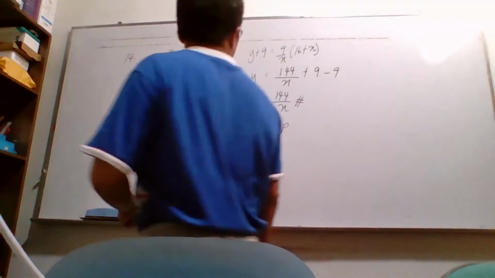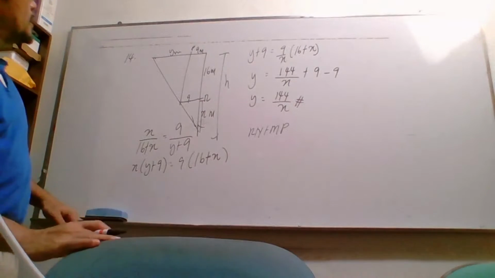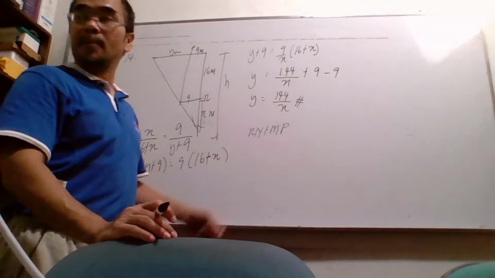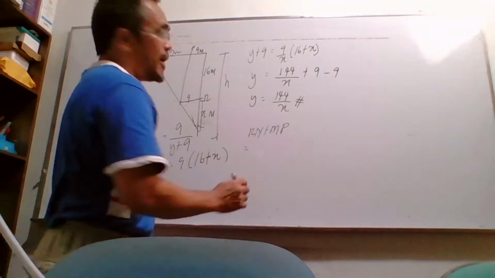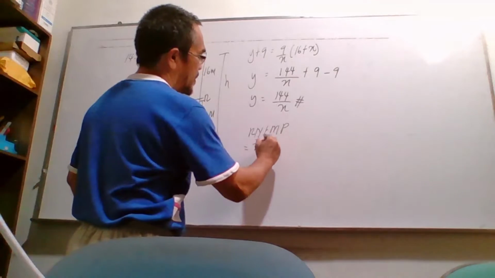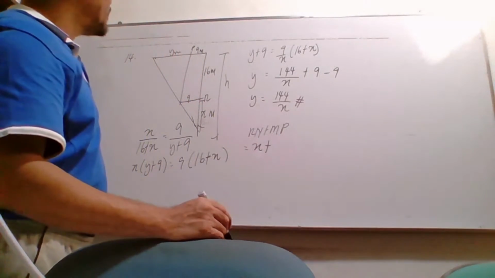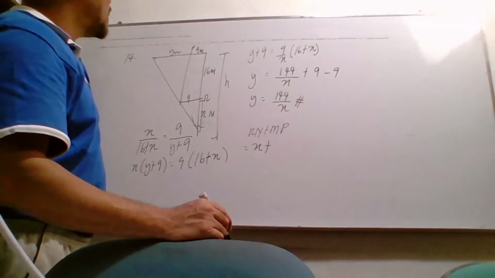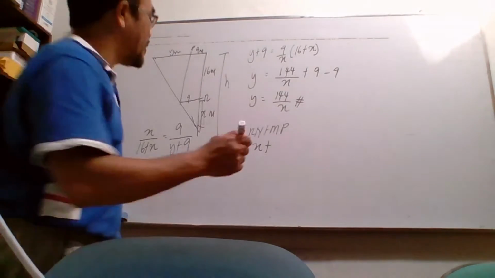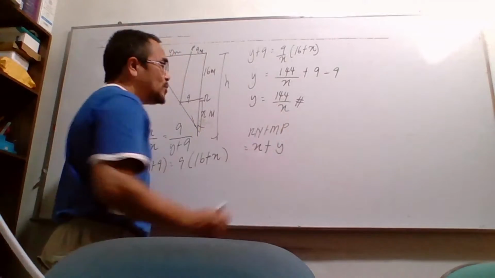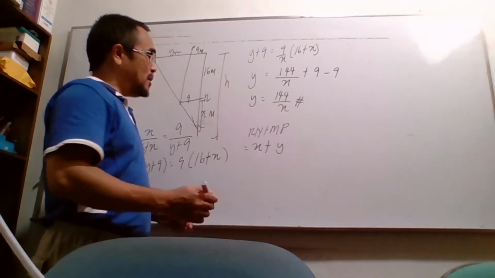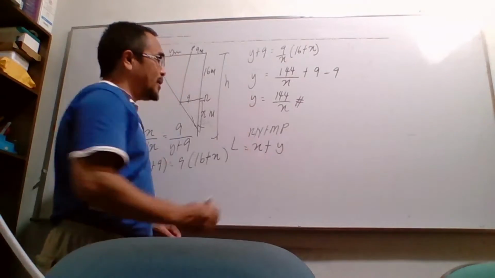So far, I did not find anything that I could work on. Okay, RN plus NP. What is RN? RN is x. NP is what? NP is y. So we can just say x plus y. We can say just length.